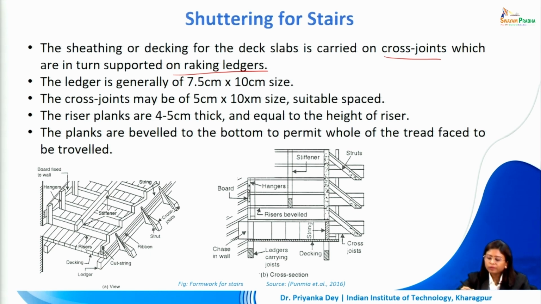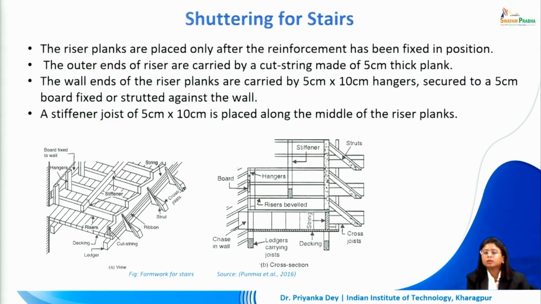So here we will add struts at regular intervals held in position with cross joists to create the shape that we want. Stiffeners are also placed at the midpoint of these risers. We will take a look further at how the riser planks are placed only after the reinforcement has been fixed in position.